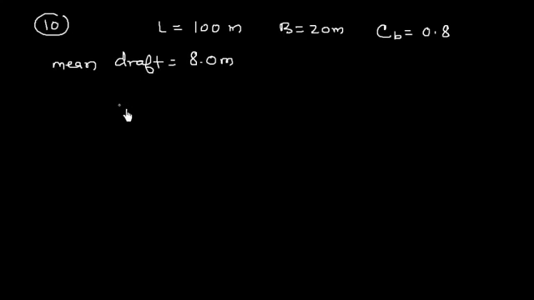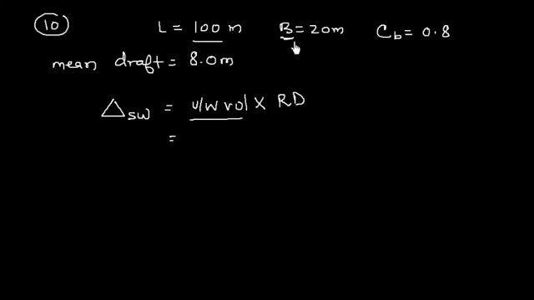So we need to first find out the displacement in salt water. The displacement in salt water is going to be underwater volume multiplied by relative density of salt water. And for the underwater volume, as per the definition, if the length is L, breadth is B and draft is D, I just multiply L B D. So 100 into 20 into 8.